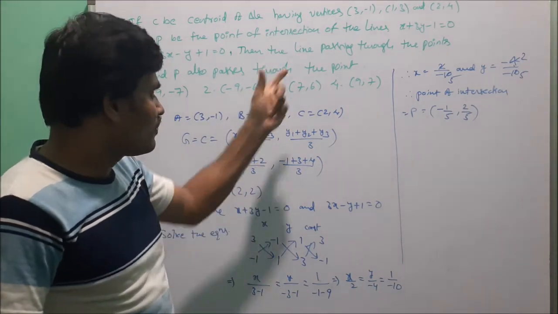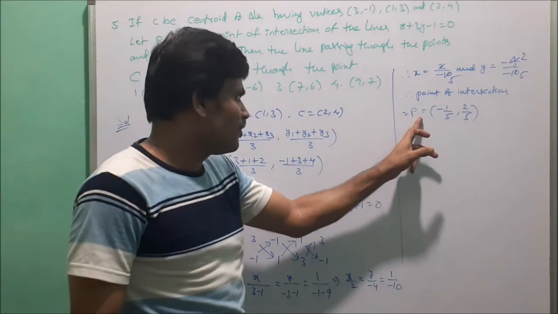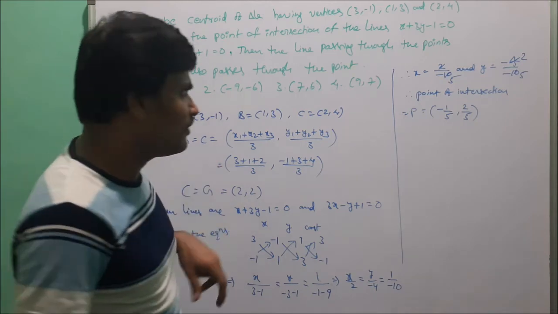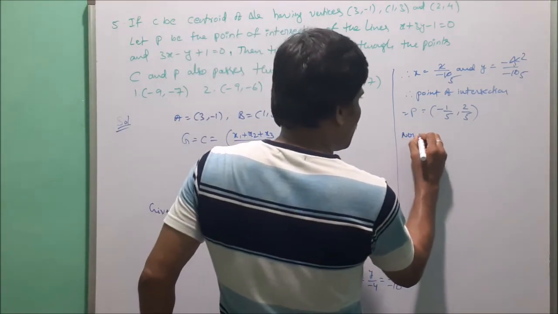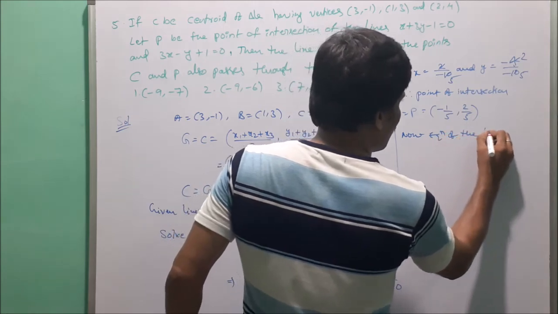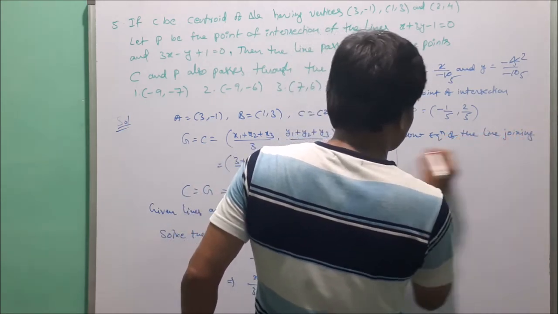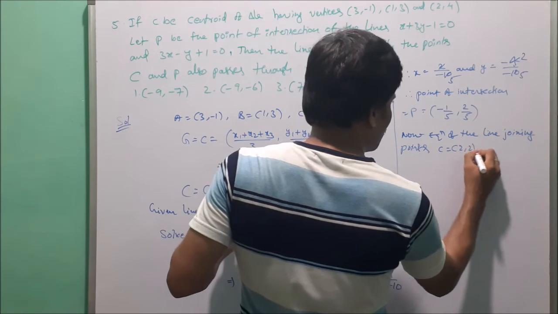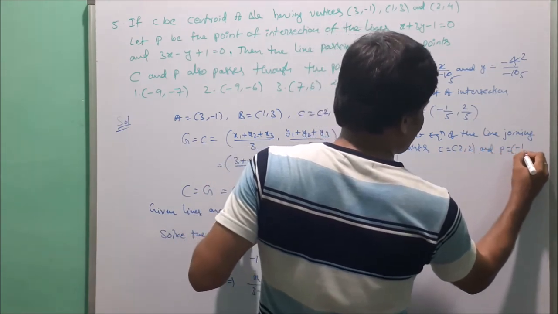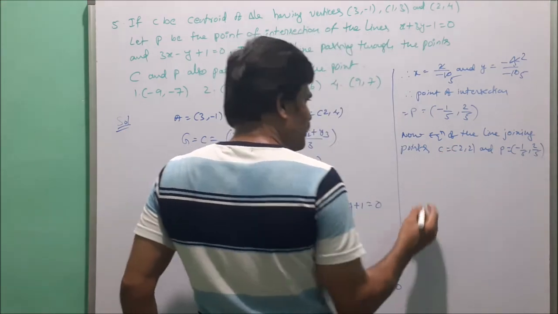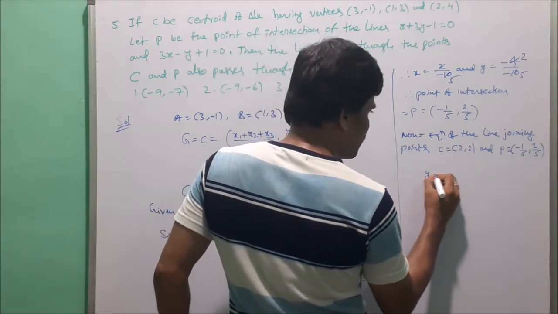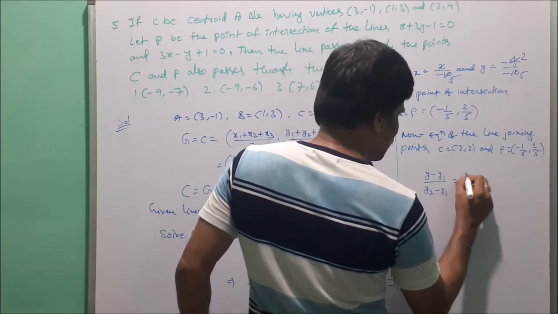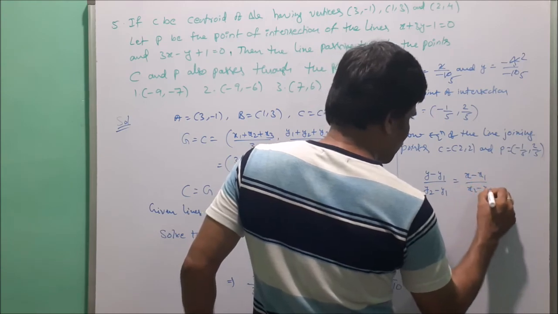Now we find the equation using P and C, where C means the centroid. The equation of the line joining C (2, 2) and P (minus 1 by 5, 2 by 5), using the line equation formula, is (y minus y1) by (y2 minus y1) equals (x minus x1) by (x2 minus x1).